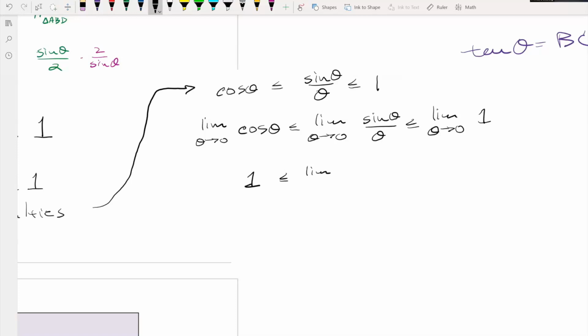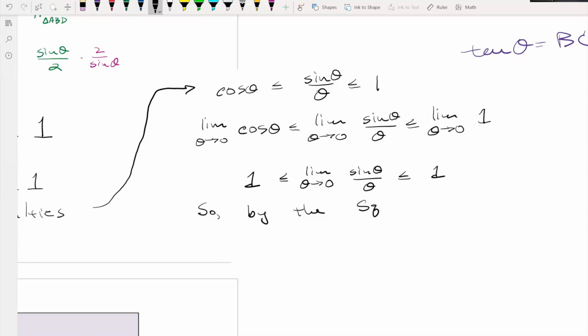Let's leave this one alone for a moment because this is actually the thing we're looking for. And of course, the limit back here, the limit as theta goes to 0 of 1 is just plain 1. So what do you think we can say about the limit in the middle? It's also equal to 1. Okay, how do you know that? Which theorem? Squeeze theorem?